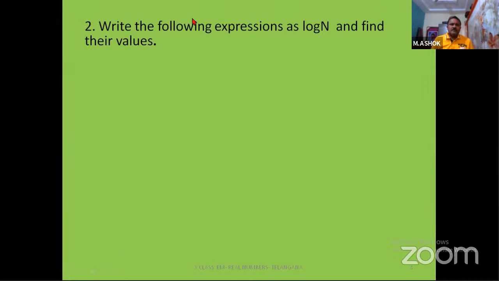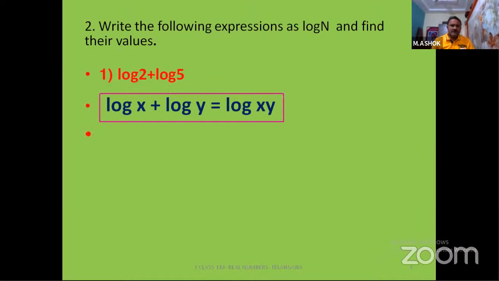Now look at second question. Write the following expression as log n and find their values. So first question is log 2 plus log 5. Actually, the formula is log xy is equal to log x plus log y.